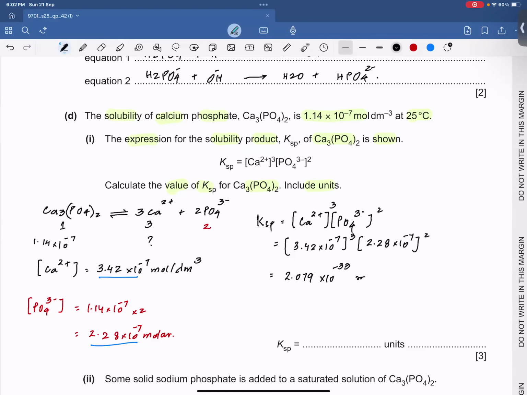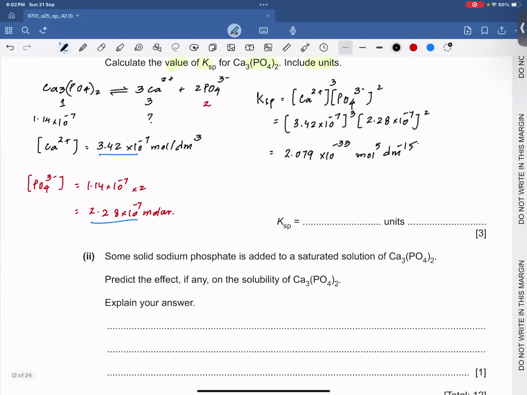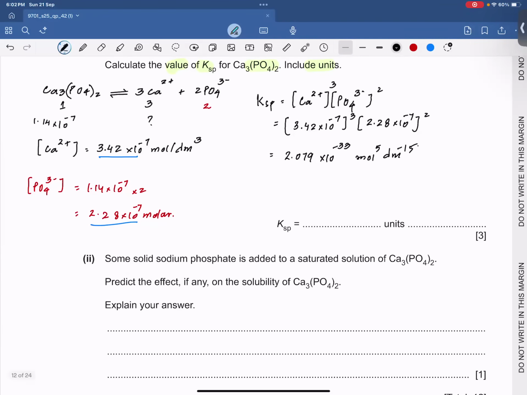And the unit is mol^5 dm^-15. I hope it makes sense to you.